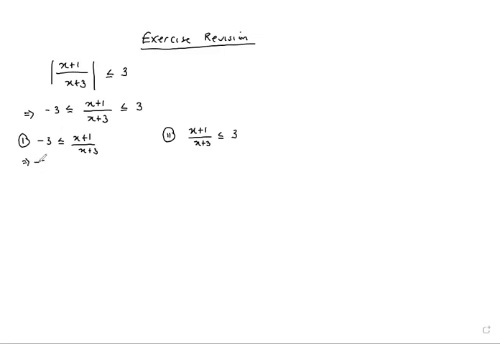So this is -3 minus (x plus 1) over (x plus 3) less or equal to 0.